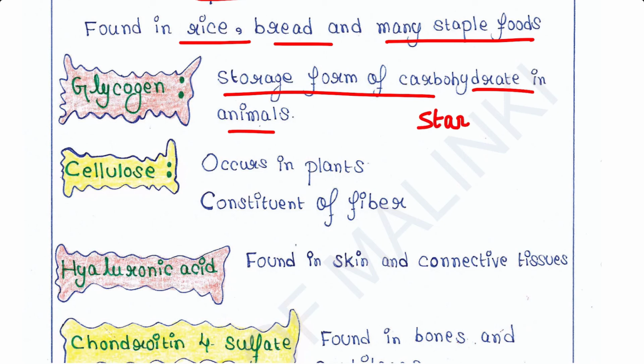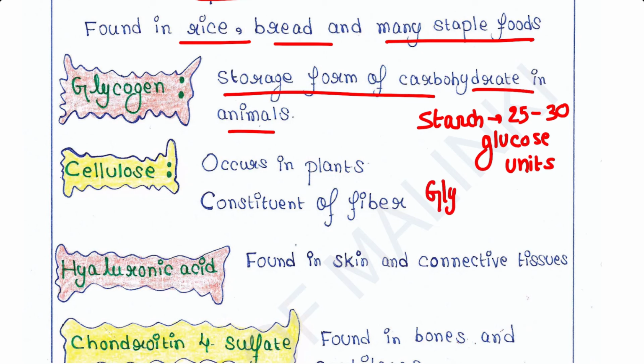In starch, the branch point occurs every 25 to 30 glucose units, whereas in glycogen, the branch point occurs every 8 to 12 glucose units.